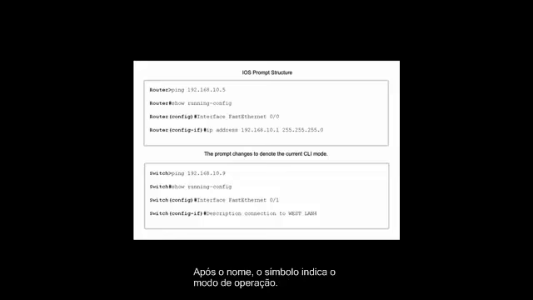Following the name, the remainder of the prompt indicates the mode. In this graphic, you see the user exec prompt, then the privileged exec prompt, then the global config mode, and finally an example of the interface config mode. As you practice working with the IOS, you will soon be adept at moving among the modes to accomplish configuration changes.